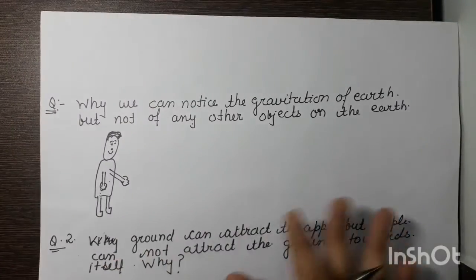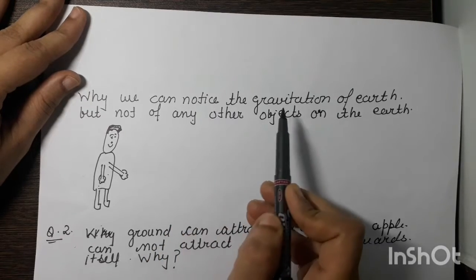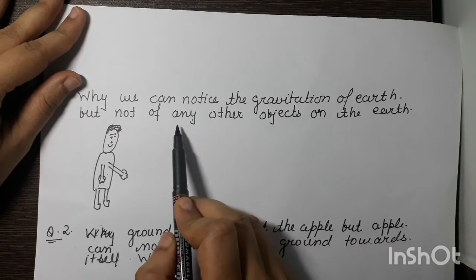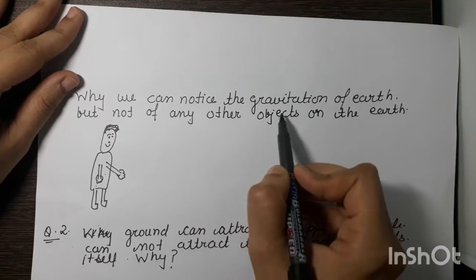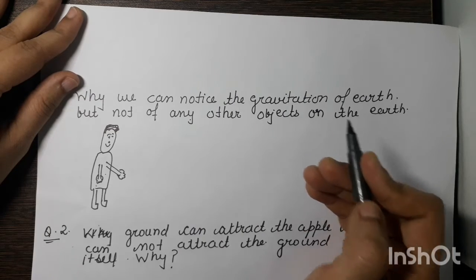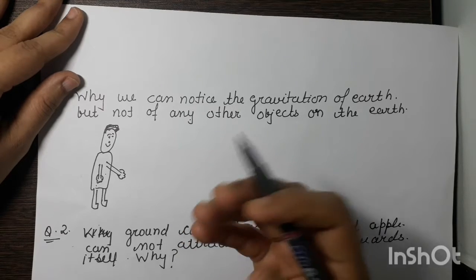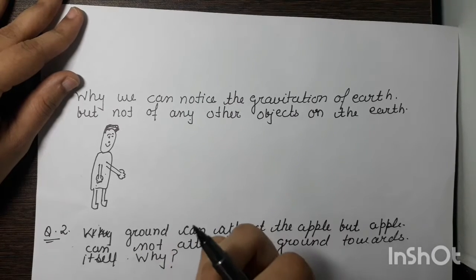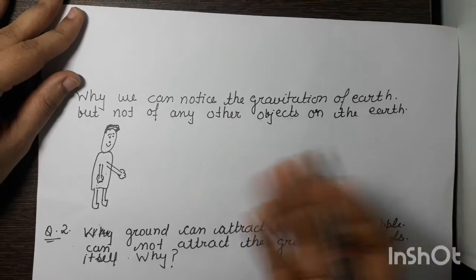Now here a question arises: why can we notice the gravitation of earth but not of any other objects on the earth? हम सिर्फ अर्थ की ही ग्रेविटेशन क्यों नोटिस कर सकते हैं? क्यों अगर कोई चीज़ ऊपर से नीचे जाती है तो हमें पता चलता है कि अर्थ उस चीज़ को अट्रैक्ट कर रही है, हमें उसका मोशन दिखाई देता है, हमें उसकी अट्रैक्शन दिखाई देती है, हम नोटिस कर सकते हैं. बट अगर हम इन केस ऑफ अदर ऑब्जेक्ट्स देखें, देन वी कैन नॉट सी दिस इफेक्ट.